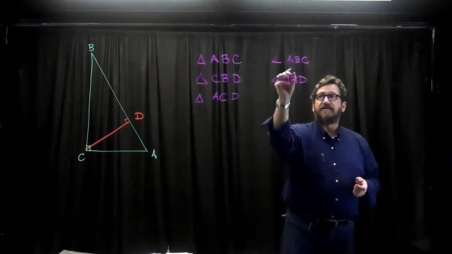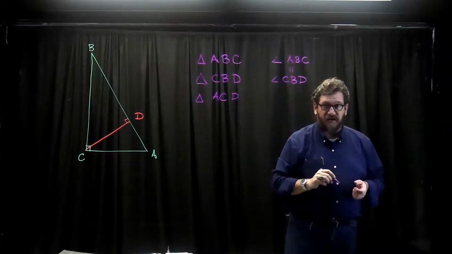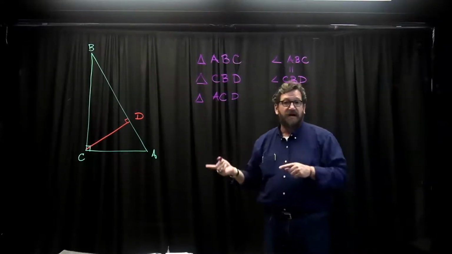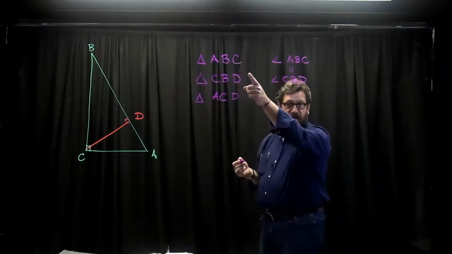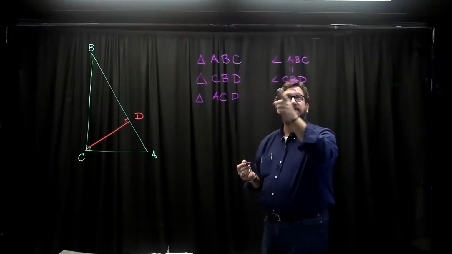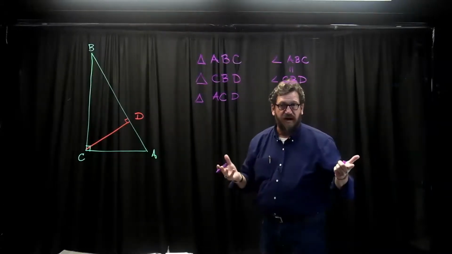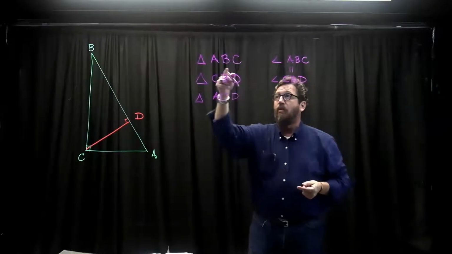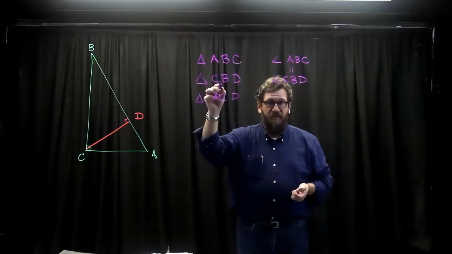These angles are in fact equal to one another. And because the other angle in this triangle is a right angle, and there's a right angle in this one, I've got all three angles. So 1 is similar to number 2.